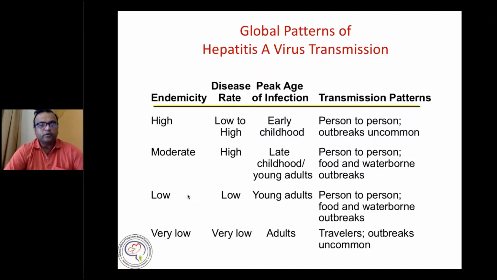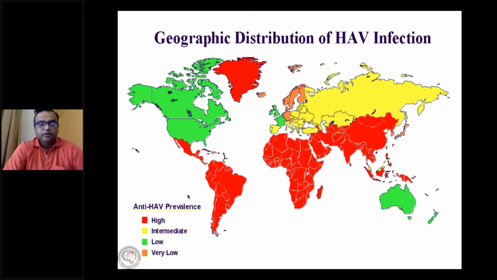In very low endemic areas, as in most of the European countries, travelers are usually infected with hepatitis A virus, and that leads to sporadic infections. So this is a world view over the prevalence of hepatitis A virus. If you look at the red color, which shows high prevalence, the Indians belong to this high subgroup, as is the whole of Asia, Latin America, and Africa.